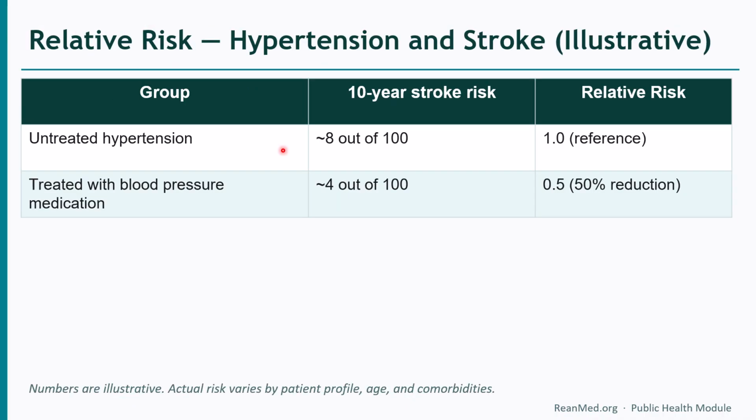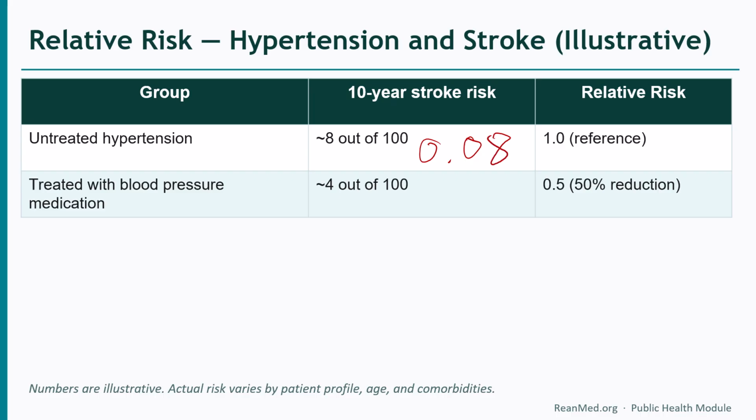Okay, so for untreated hypertension, 8 out of 100 people had a stroke, which was 8%. Or we can also write it as the risk was 0.08. 8 divided by 100.